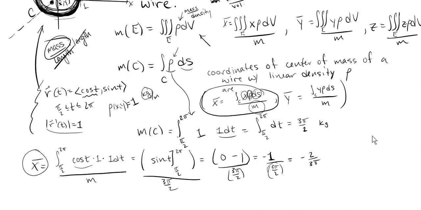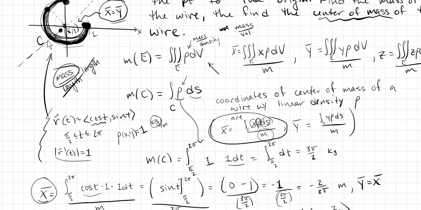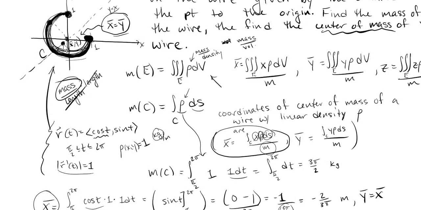That sounds better. And this is meters, units of length here in our domain, units of x and y. So y bar must be the same by the symmetry argument we made earlier. So we're saying we get roughly this. That's a little less than a negative third in both directions. So maybe my point was pretty accurate looking.